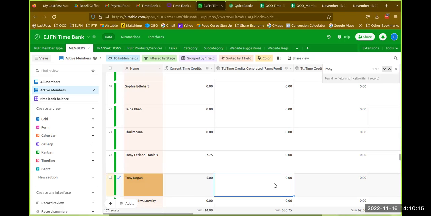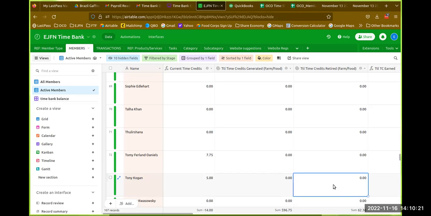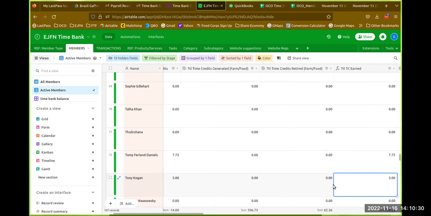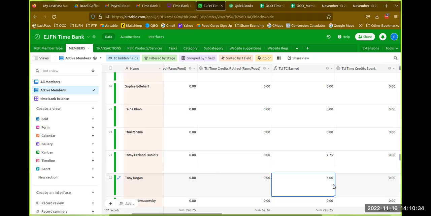Then you have time credits retired, which also only pertains to farm and food providers because that keeps track of their time debt. Total time credits earned shows your total, which is sitting at 5. And of course, you haven't spent any time credits this year.